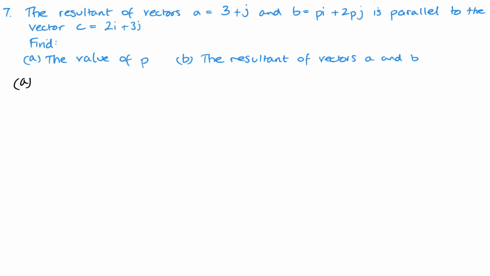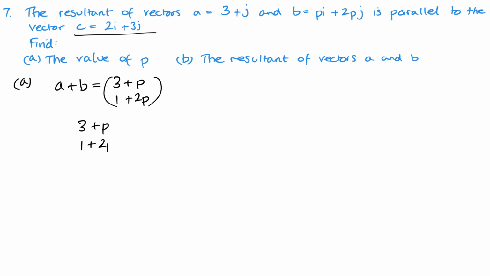The resultant of vectors a and b just means a plus b. So that's 3 plus p, and 1 plus 2p. And then these are going to be parallel to this vector here, c. So 3 plus p, 1 plus 2p.